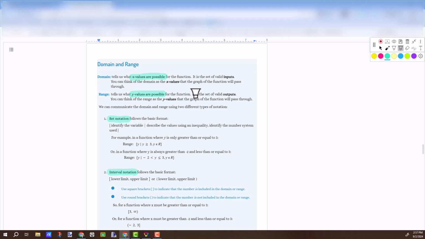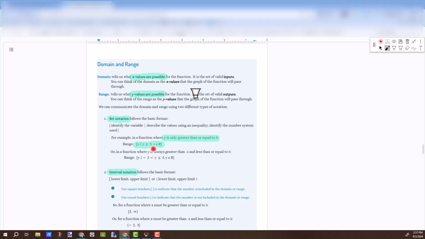So let's look at an example. If we said y is only greater than or equal to 3, well, look what we have here. What we say is, this is a y such that, that's what that line means, y is greater than or equal to 3. So this part is fairly simple.